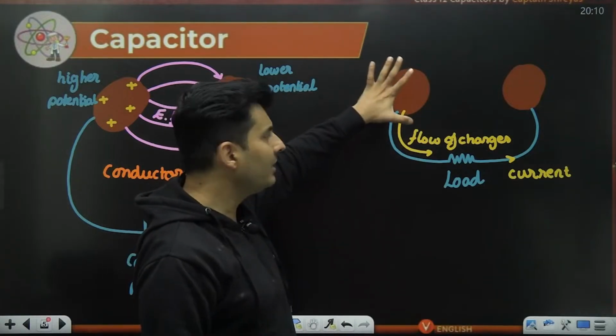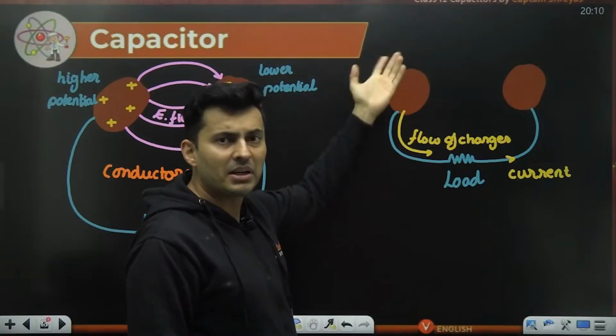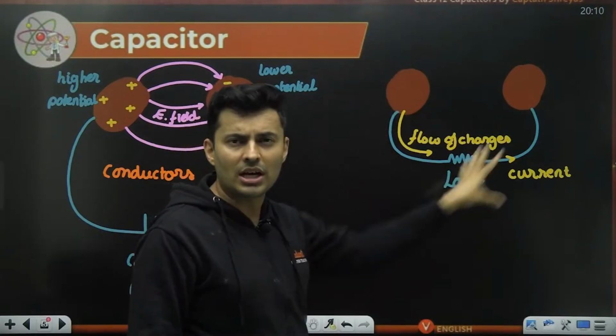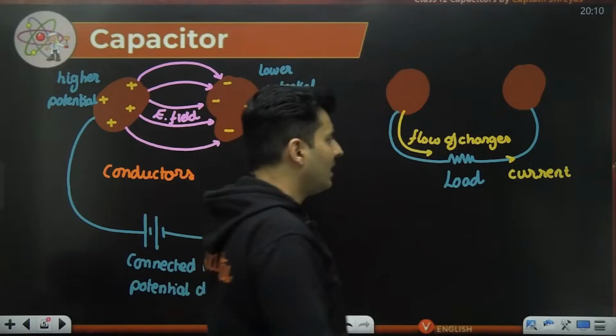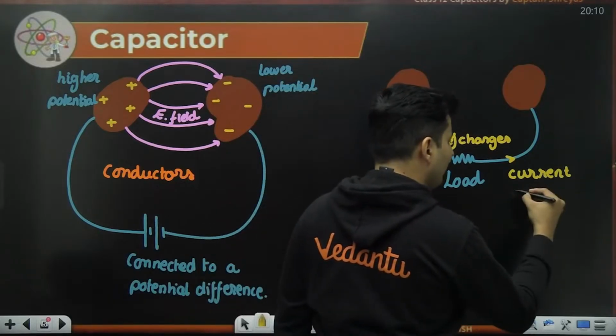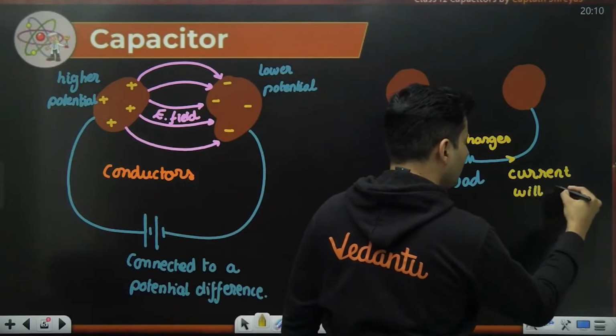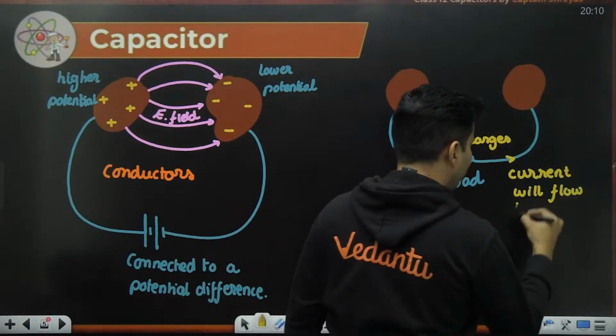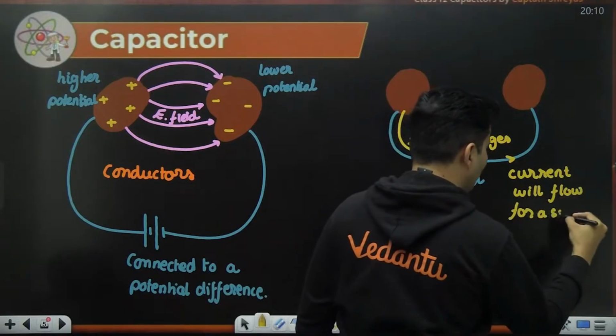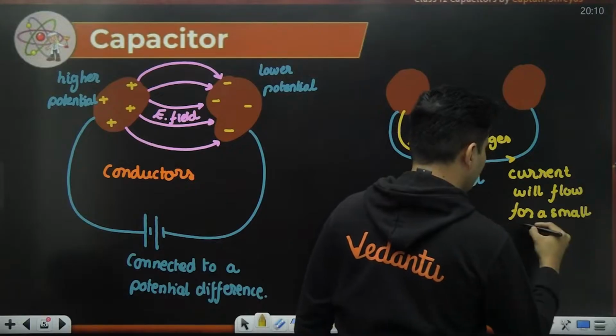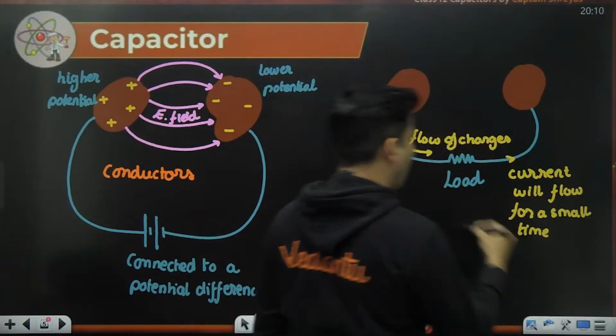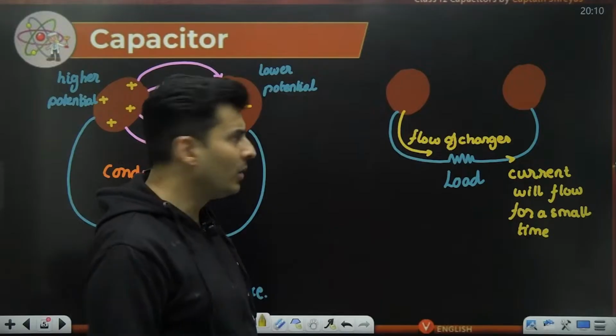Because it is not continuously charged. There were maybe 10, 20, 100 charges. All those charges will go on to the other side, and the current will flow for a small amount of time. And when will it stop flowing?